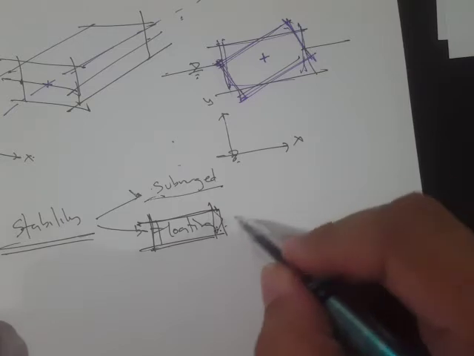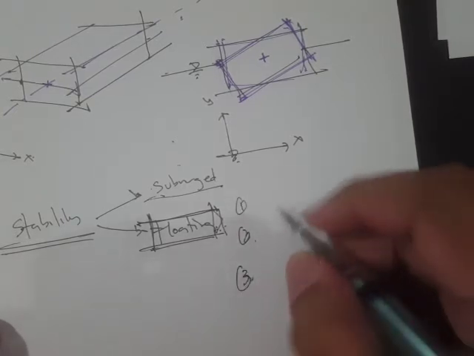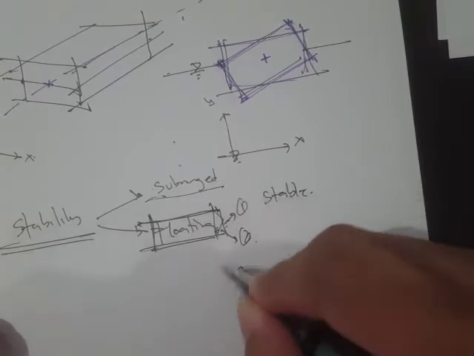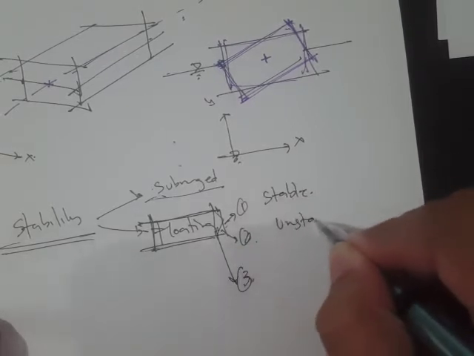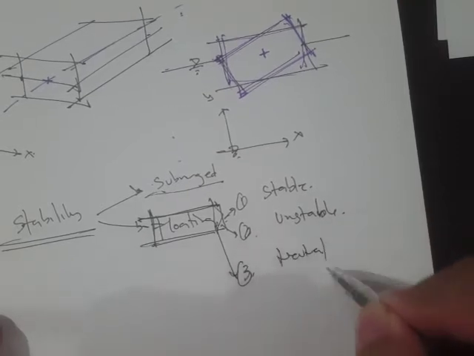In these floating bodies, we have three types of stability. The first one is the stable condition, the second one is the unstable condition, and the third one is the neutral equilibrium.